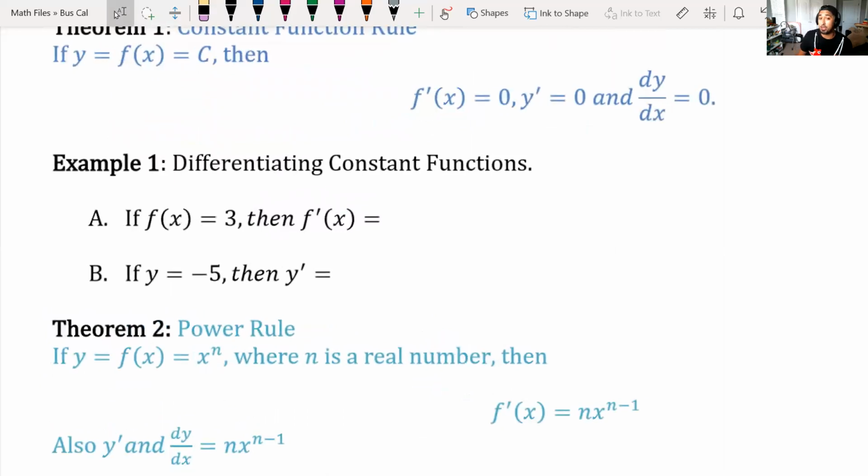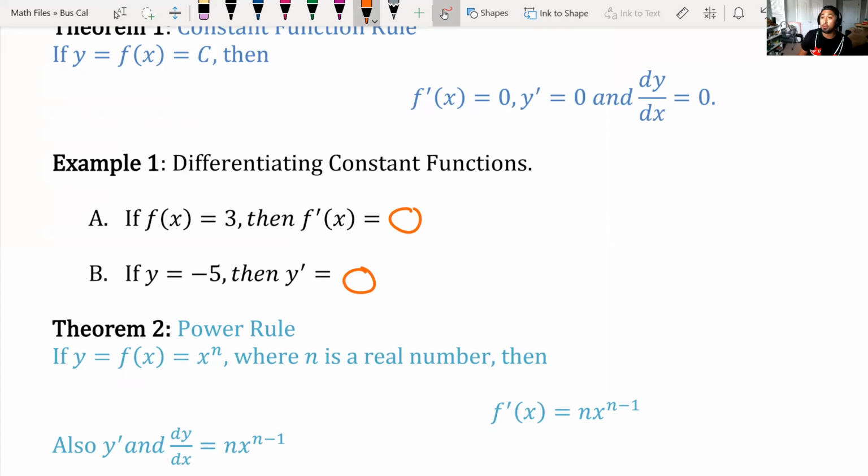So example 1, if f of x equals 3, which is a constant, then the derivative of 3 will be 0. That's it. Nothing more to it. B, if y equals 5, then the derivative y prime will also be 0. Too easy, I know.